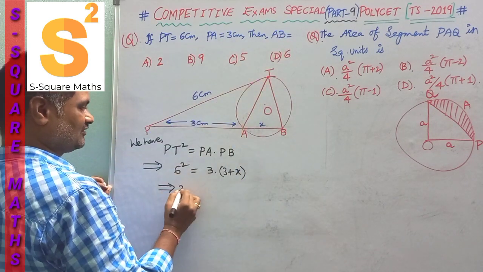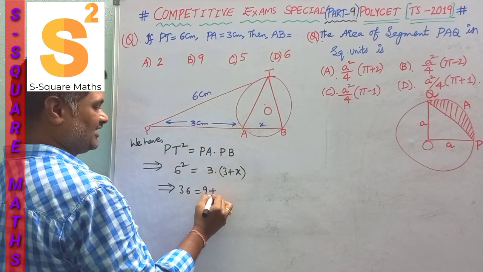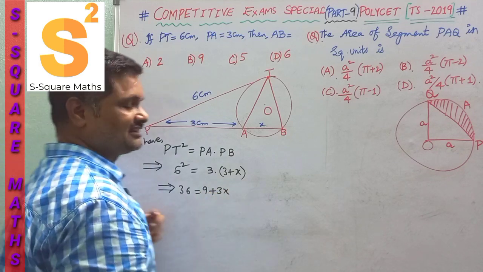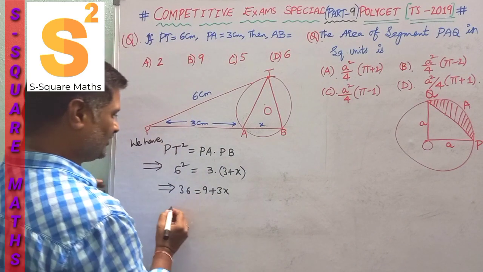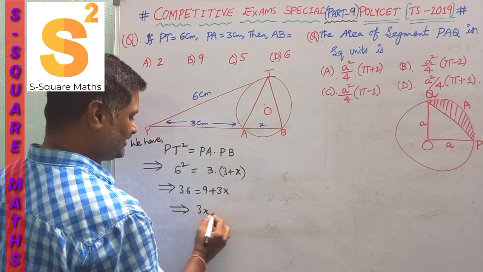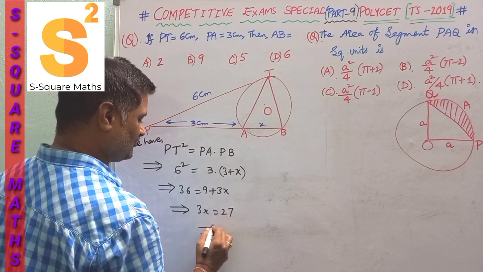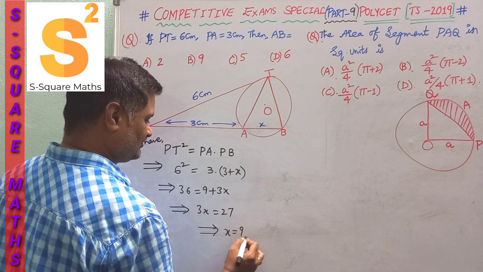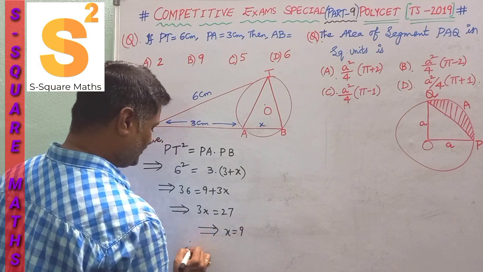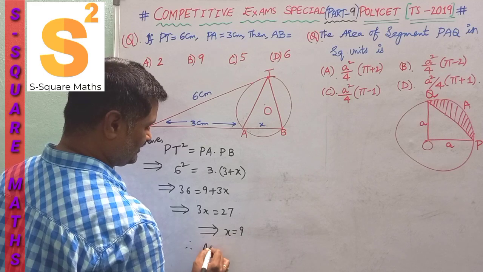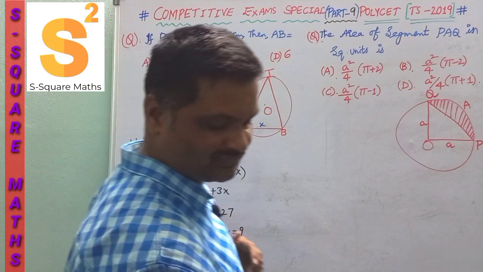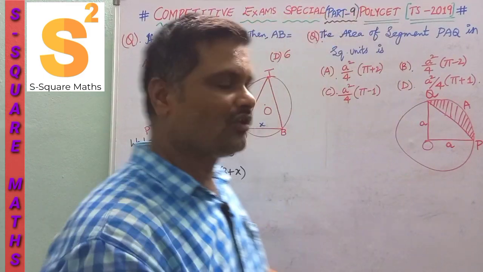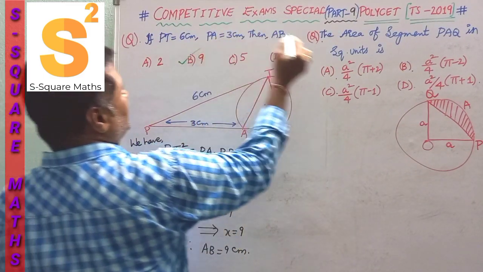So 36 is equal to 9 plus 3X. This is a linear equation in one variable, simple equation solving. So 3X is equal to 27, X is equal to 9. Therefore the value of AB is 9 centimeters. We got immediately the answer, the B option here.